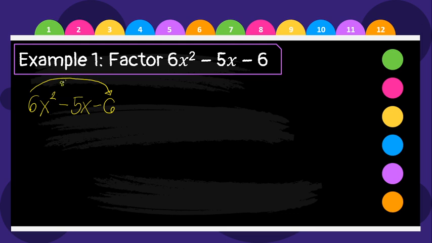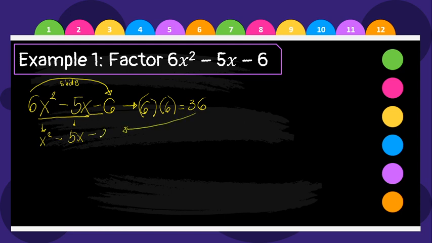So 6 times 6 is equal to 36. Next, we're going to bring down x squared minus 5x minus, and instead of 6, we're now going to use 36.